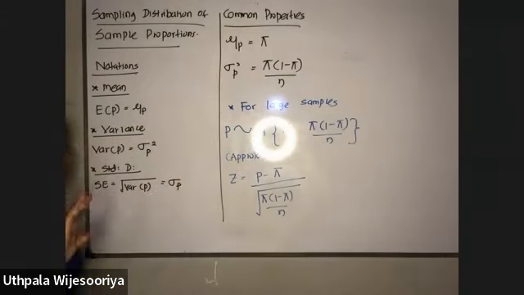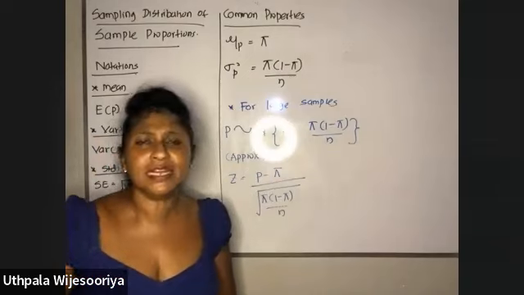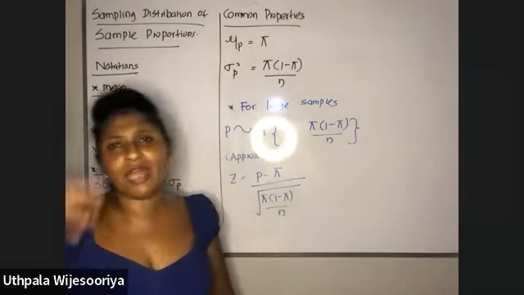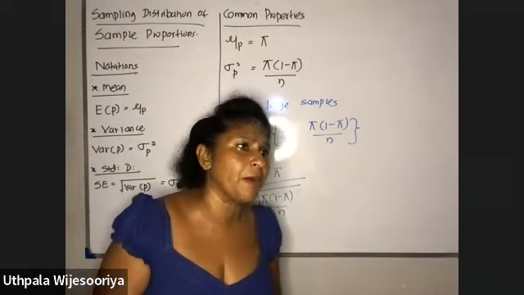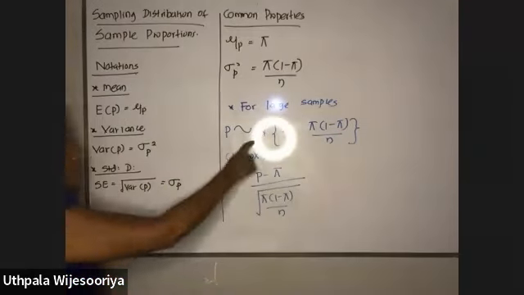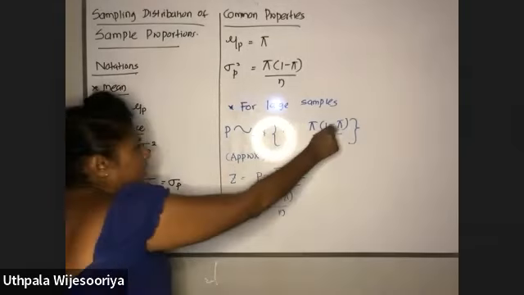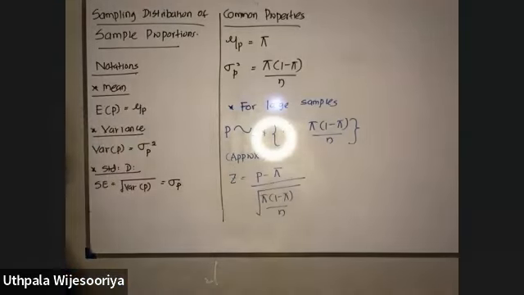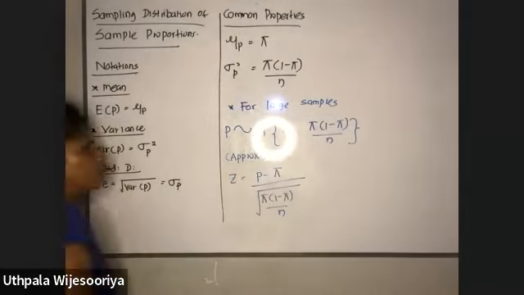It does not follow a T distribution, since we are taking only large samples; the T distribution is for small samples. So it is approximately normal with mean pi and variance pi into 1 minus pi over n, and the Z value is P minus pi over the square root of that.